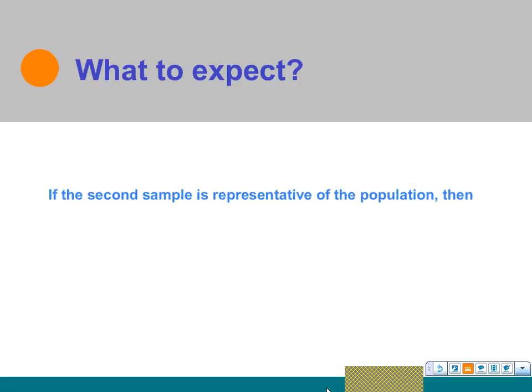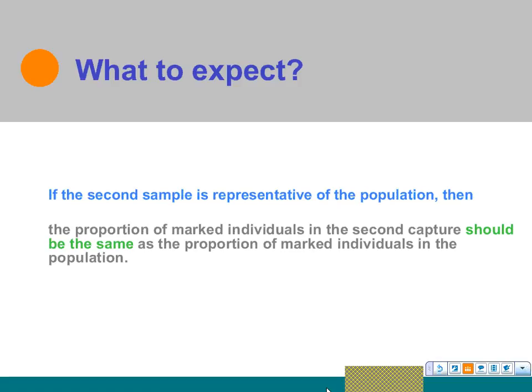It should, because in the first sample we mark the individuals that we captured, so we know how many individuals are marked in the population. So in the second sample, the proportion of marked individuals should be approximately the same as the proportion of marked individuals in the population.